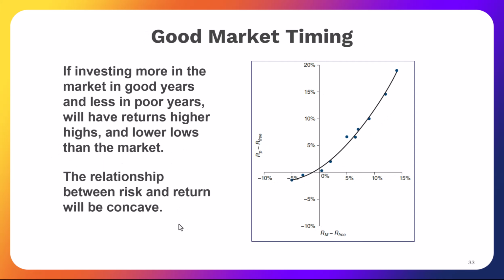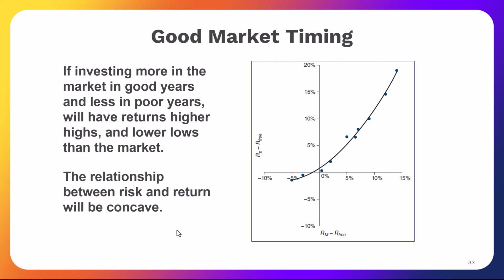If we could time the market well, so we'd be investing more in the market in good years and less in poor years, we would have higher returns at the high points, but we also would have lower lows than the market.